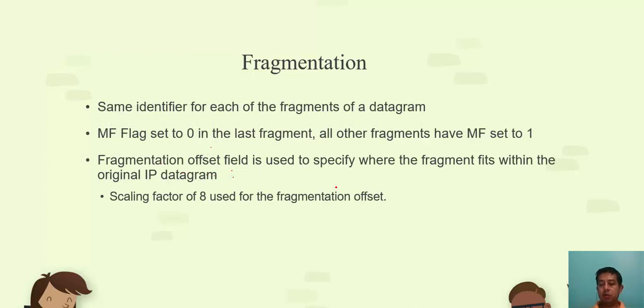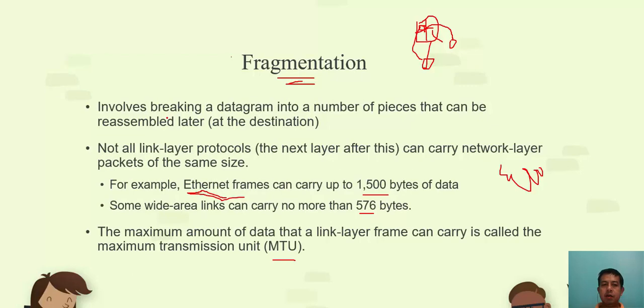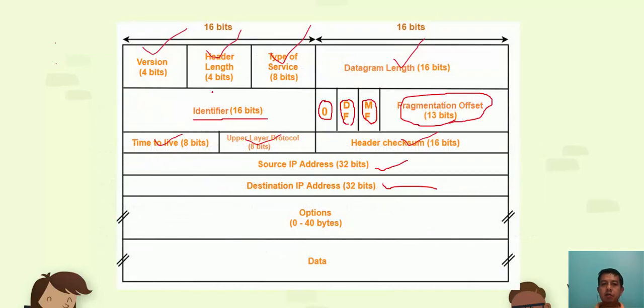Now, once there is a requirement of fragmentation, these different fields which we have seen are used. First is the identifier. This field is used to identify the fragments of one particular datagram.